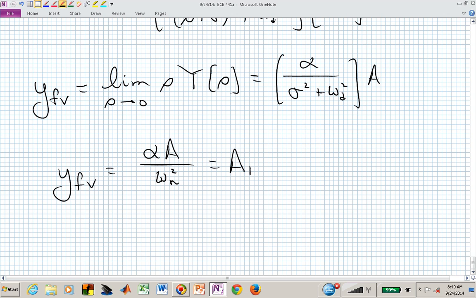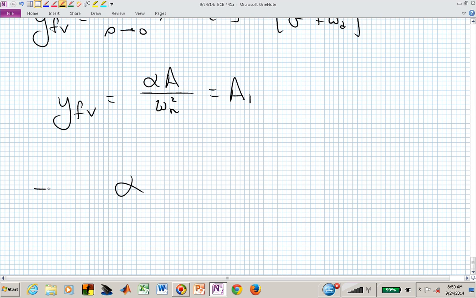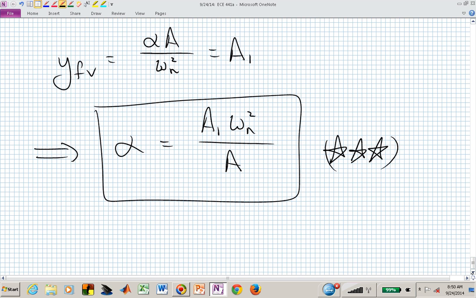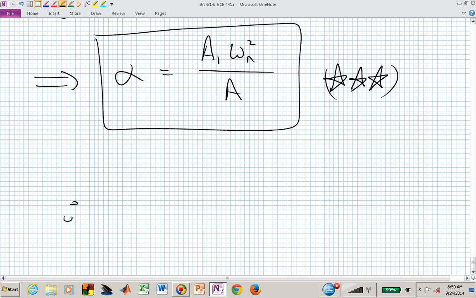You know A1, that's where your time response eventually settled. You just solve for alpha. And then you have your transfer function that you needed. Alpha is now equal to A1 natural frequency squared over A. You now have identified your transfer function g of s.